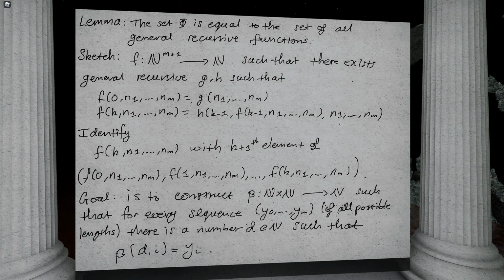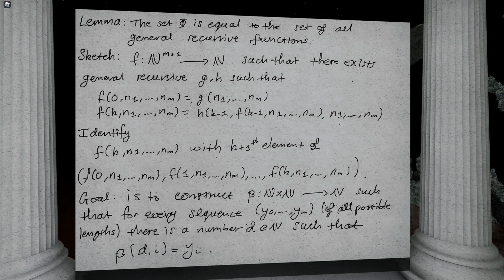Okay, so let's have a look at this. What's happening here is I'm saying that for every finite sequence, y naught up to ym, there exists some natural number d. So we think of that as the encoding of this finite sequence via a single natural number d.